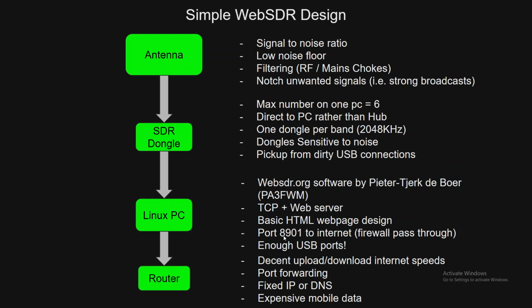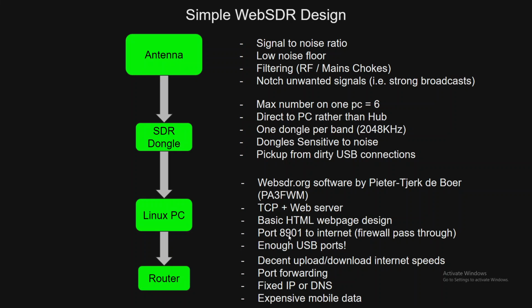The standard port's 8901, and then each time you add a PC, you just change the port to the next available one. So you can have as many PCs as you want with various bands on them. For instance, the Utah site, they've got 3 or 4 PCs, I think, running various different bands, and then you just change this port.